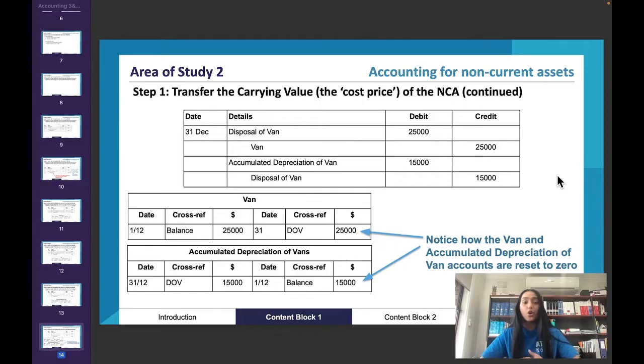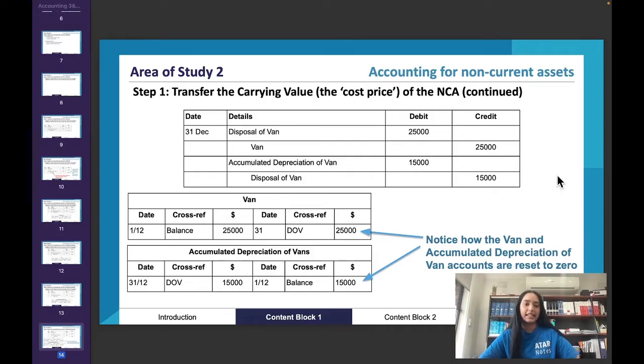And this isn't always the case. Sometimes the business can own multiple vans, or multiple of the same non-current asset, and so the balance of the account might be talking about multiple non-current assets. For example, if they own 2 or 3 vans, then the balance of the van account would be multiple vans.